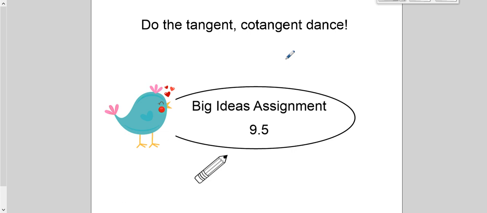Back to the middle, switch your arms, tangent, cotangent, and repeat. Do the dance. All right. Don't forget that you have to shift forward for cotangent. Only tangent is centered on the y-axis. Cotangent is all in front of the y-axis.